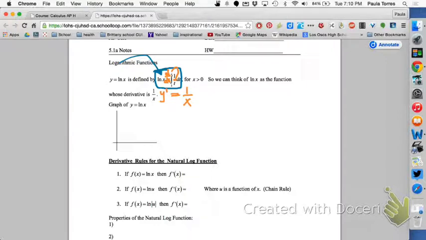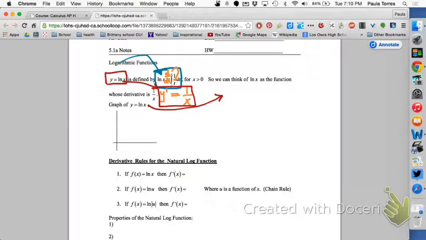What we're saying then, by definition, is when y equals natural log of x, that y prime is equal to 1 over x. And I'd like to look at a quick picture of it. It's always hard for me to think in terms of any type of logarithm, but I can rewrite this.